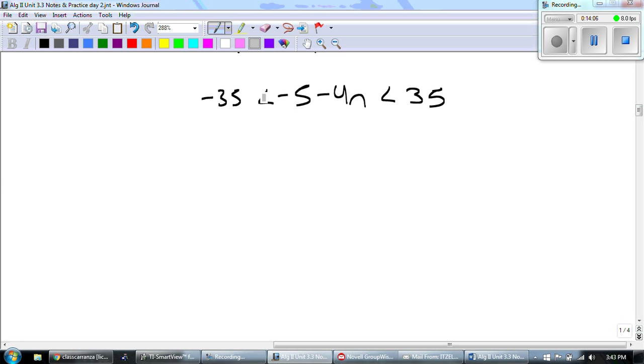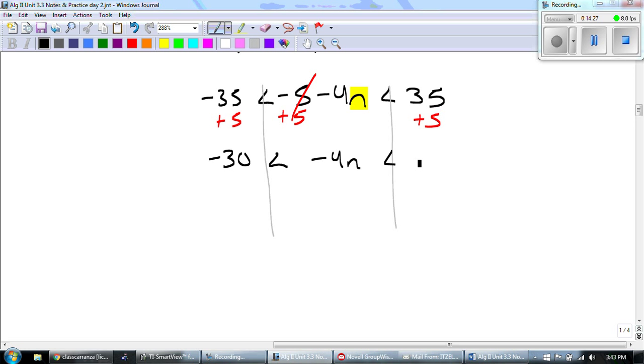Now, we should be pretty good at solving these by now, but I'll do this one with you. Okay? We want to add 5 to all three sides because I want to get the variable by itself. Negative 35 plus 5 is negative 30, is less than negative 4n is less than 40.